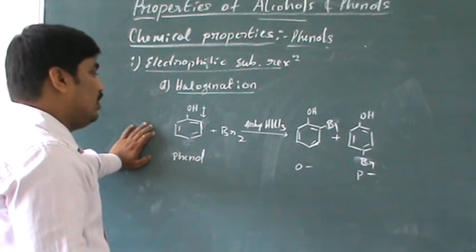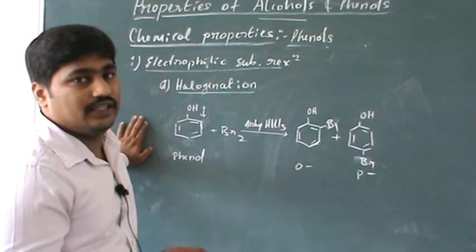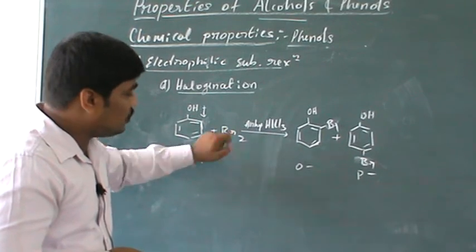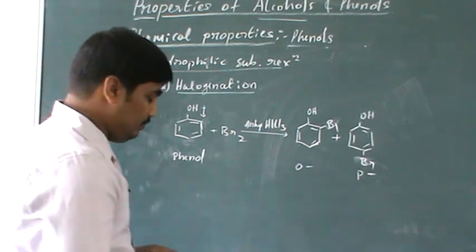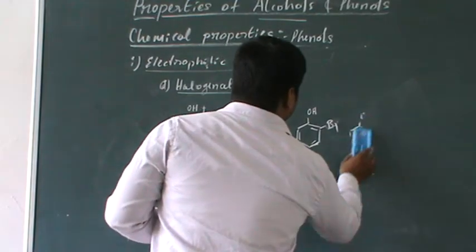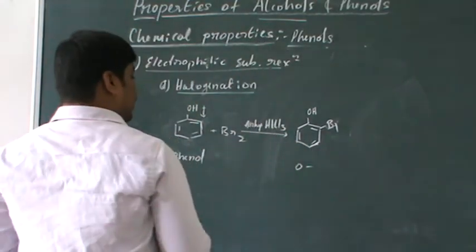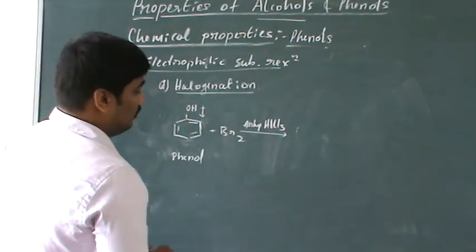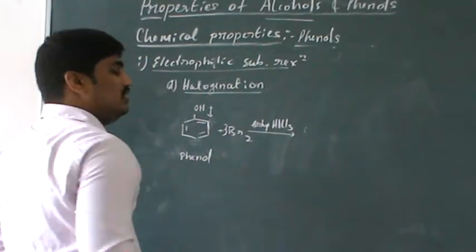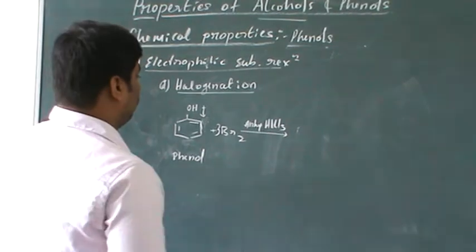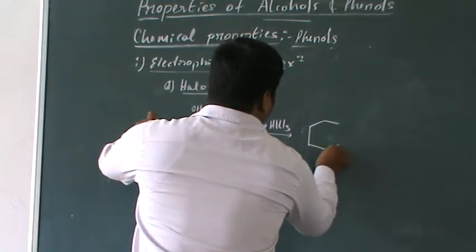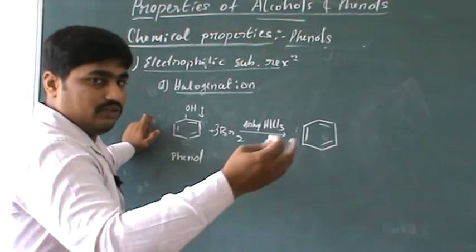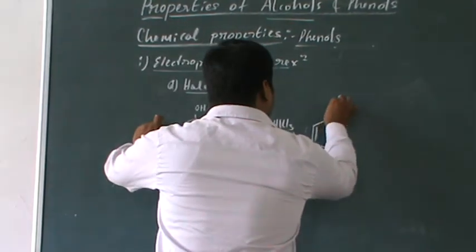Next, it depends upon the quantity. Suppose we use an excess quantity of bromine, then there is a difference. Suppose 3 bromine is taken. Please remember the differences. In a small quantity of bromine, it produces ortho and para products.